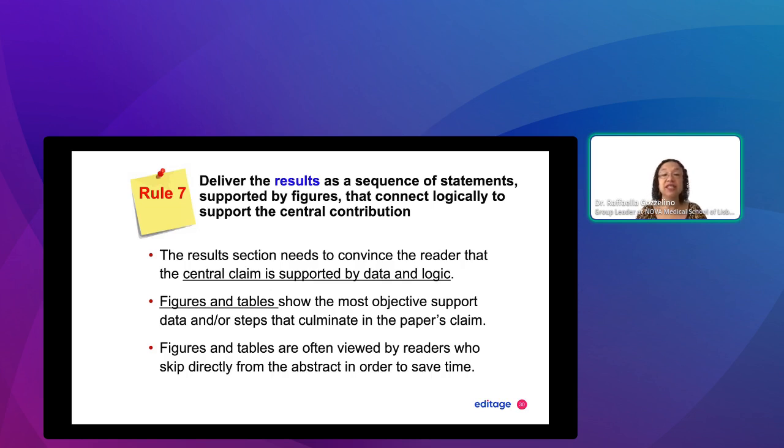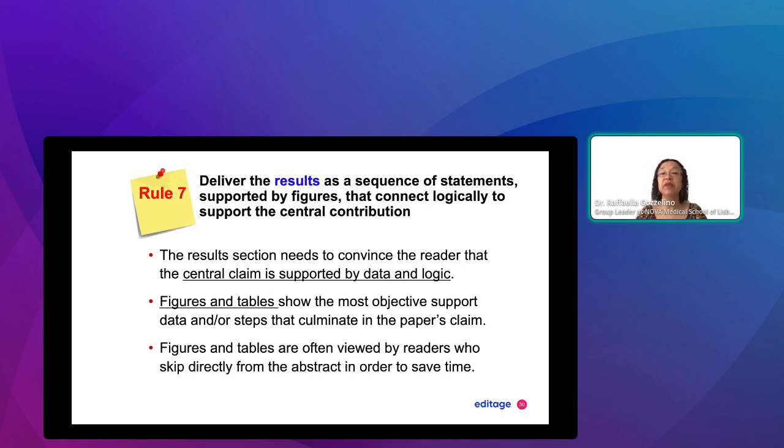The figures and tables need to show the most objective supporting data and/or the steps that culminate in the paper's claim. And the figures and tables are often viewed by readers who skip directly from the abstract in order to save time. And indeed, this is something that I have to confess creates some constraints sometimes, because you don't know how to elaborate the figures and tables.